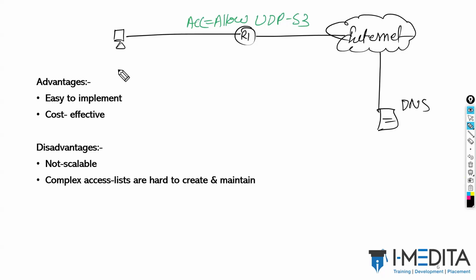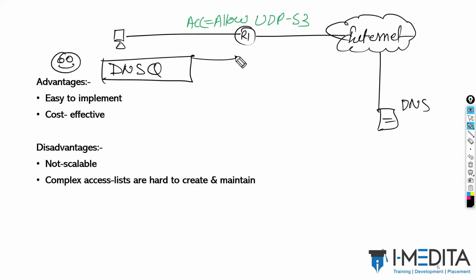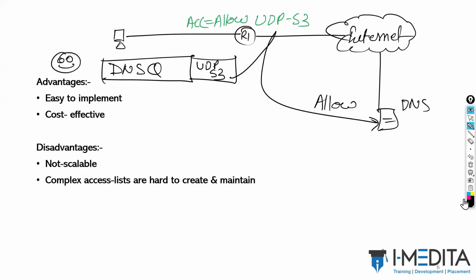This kind of rule we will create at the router. Then what will happen? Now we have a user. The user is sending a DNS query. That query will be encapsulated under UDP port number 53. According to the rule, that DNS query is allowed, it's okay. But assume we also have one server, which is our torrent server.